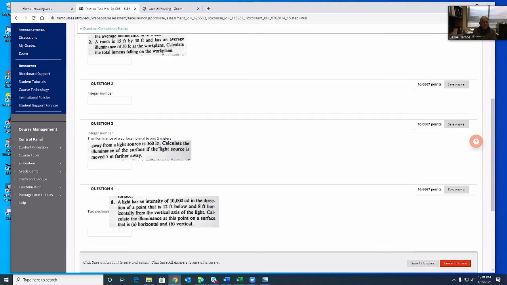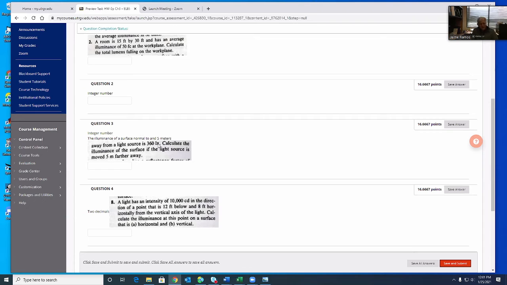So the relation from one to the other is going to be the square of the total distance. So for the first, the distance squared is 25. And for the second case, the distance squared is 100.